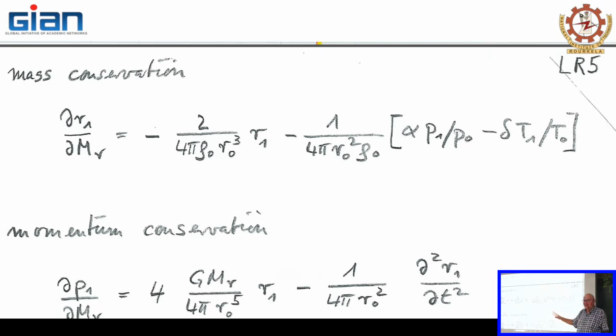So this is again a homogeneous linear equation for the perturbed quantities where the coefficients do depend on the background model or on the hydrostatic model. So you have here the alphas, the deltas, the rho zeros, and the r zeros. They refer to the background model.